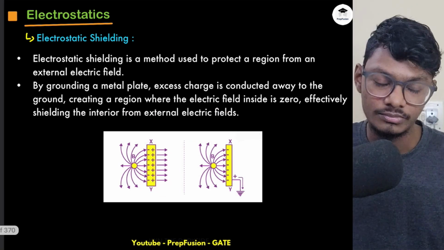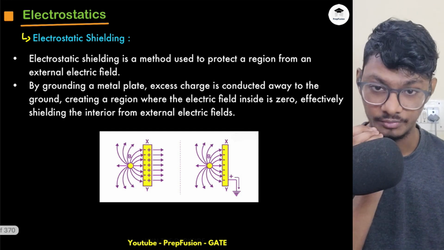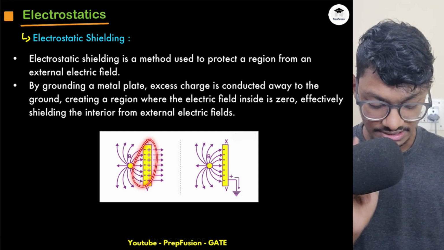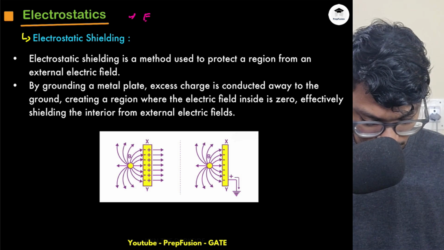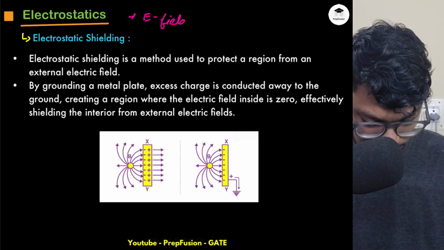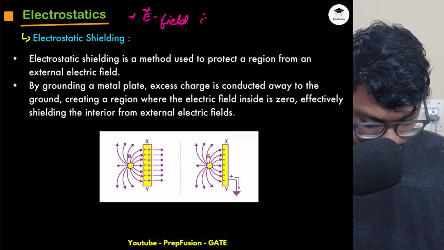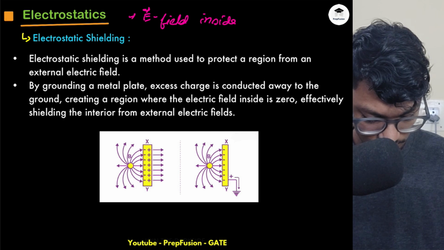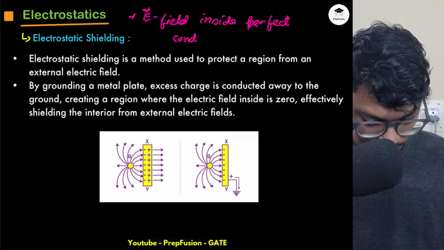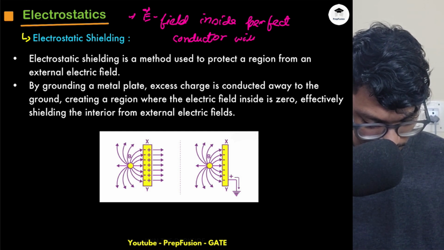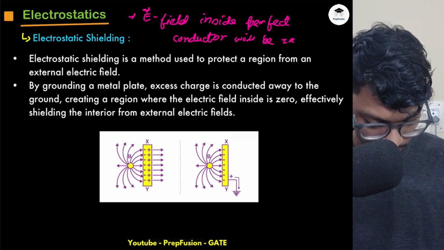So actually this is just information that the electric field inside a perfect conductor is zero. Electric field inside a perfect conductor will be zero.